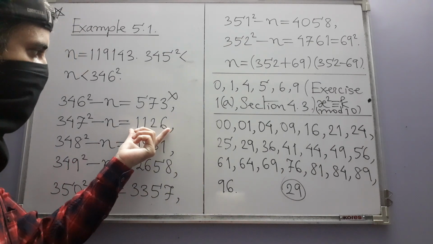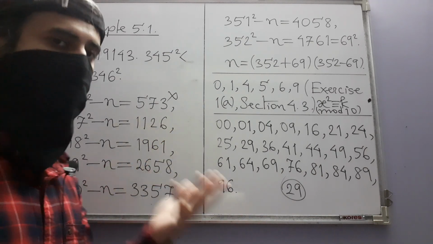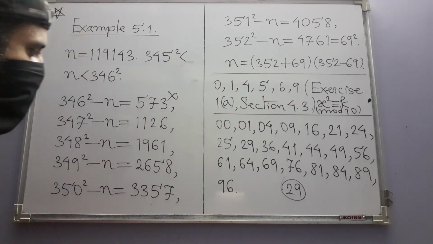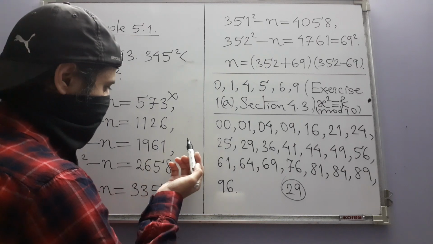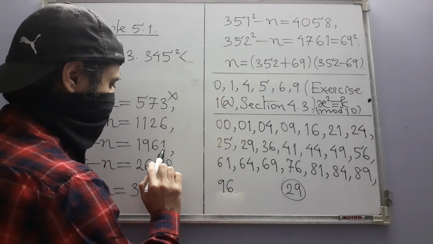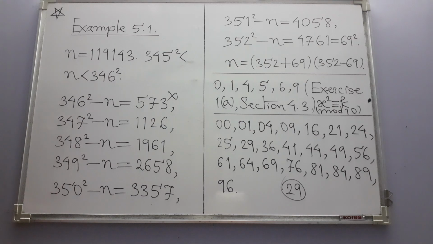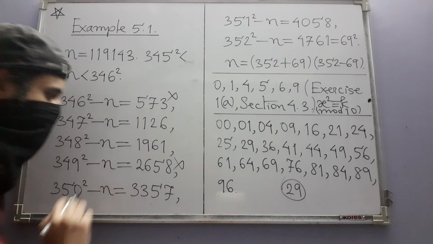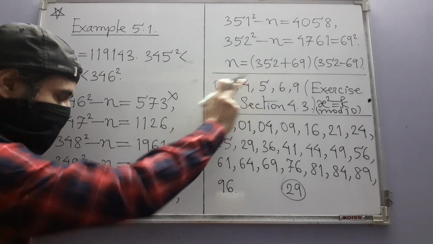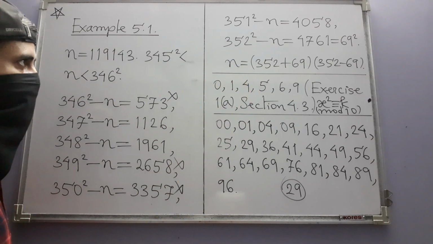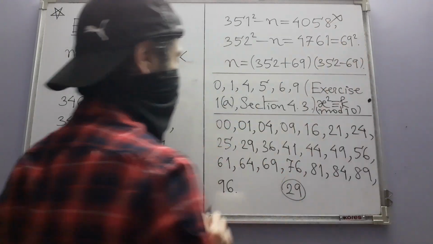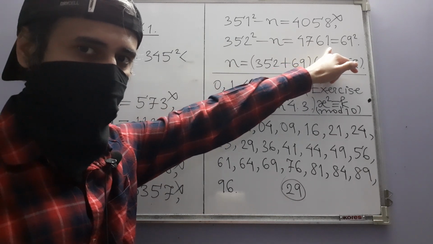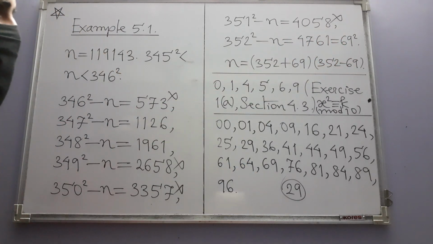We cannot figure out anything about whether this number is or is not a square simply by looking at this list, because 6 is available. 1, again, just like that, is available here, so we can't say anything about this number as well. 8, however, is not available here, so this number cannot possibly be a square. 7 is not available here, so this is also ruled out. Again, we have 8 here, so this is ruled out. And here, the last digit is 1. So again, we can't say anything about that from this.